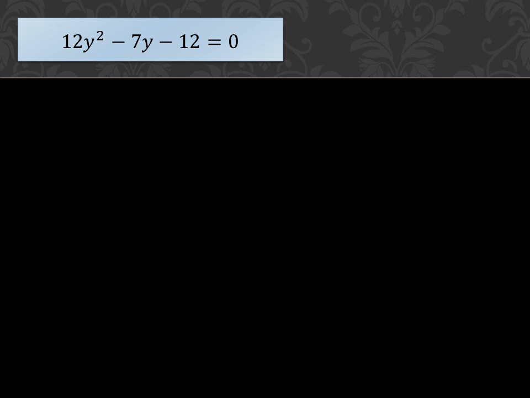We have to break the middle term now. We know that 12 into 12 is 144, and we have to break the term 7 so that after multiplication we get 144, and after addition and subtraction we get 7. So 16 minus 9 is 7, and 16 into 9 gives 144.